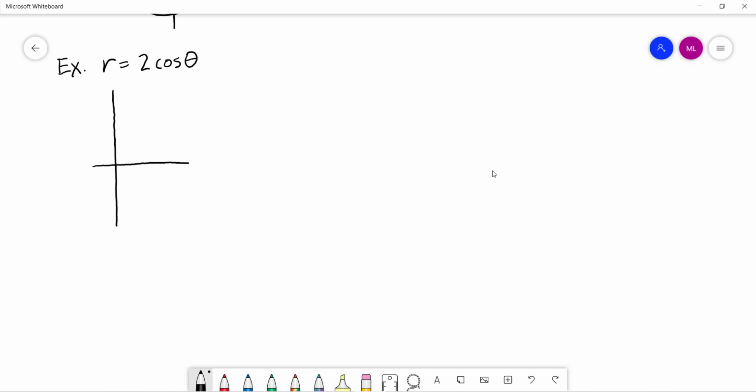The first thing I'm going to do before I draw in my xy coordinates is I'm going to draw in the r theta coordinates. So this is not the graph I'm interested in, but I'm going to use it to figure out what the graph looks like over here in the x, y coordinates.